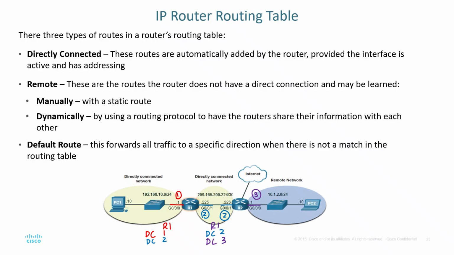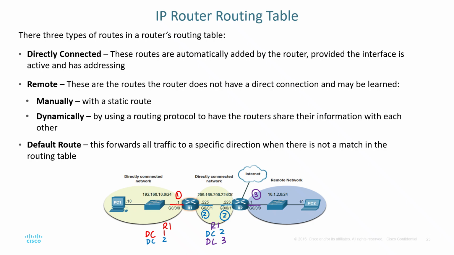Now, within dynamic, I would define a routing protocol. And I would say, okay, router one, you tell router two about what you know. So router one would create this update, and it would say, oh, hey, I know about network one. I also know about network two.